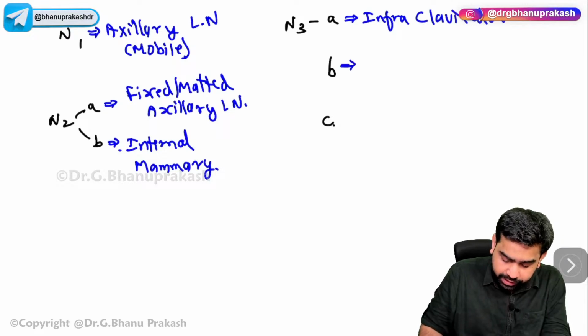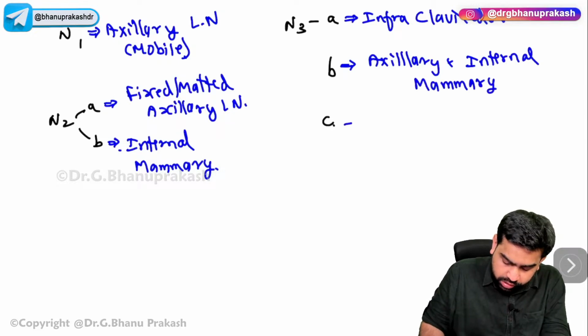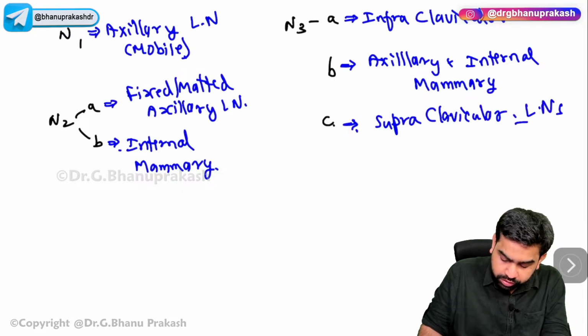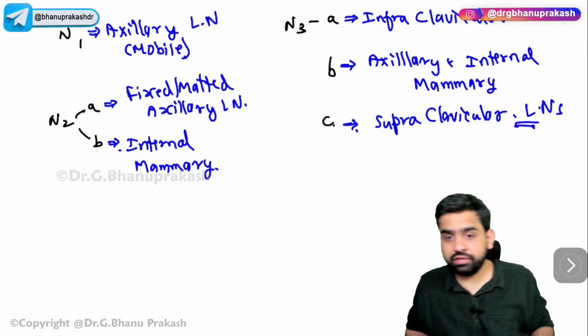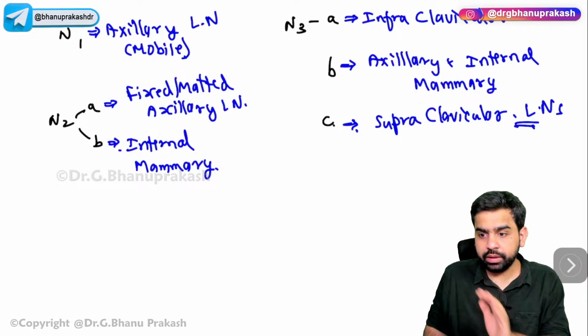In the N3B, there is axillary plus internal mammary group of lymph nodes, and N3C is the supraclavicular group of lymph nodes. Please try to understand, these are very important. I hope you have understood about the T and the N stage of patients with breast cancer.